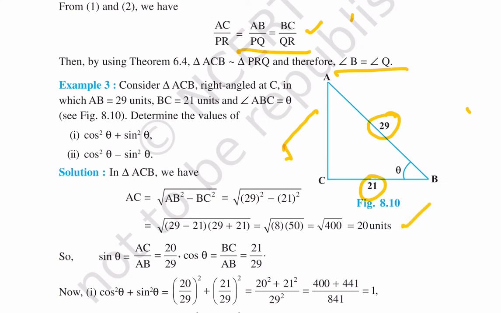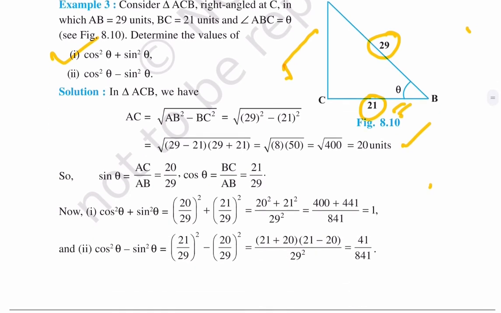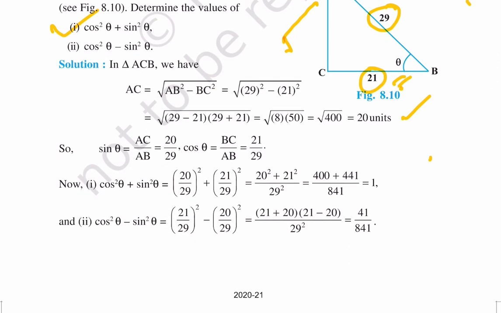Now find the value of cos square theta plus sin square theta. Actually this is an identity and it will be equal to 1, but in this case we can prove this by using the sides. So let us prove it.